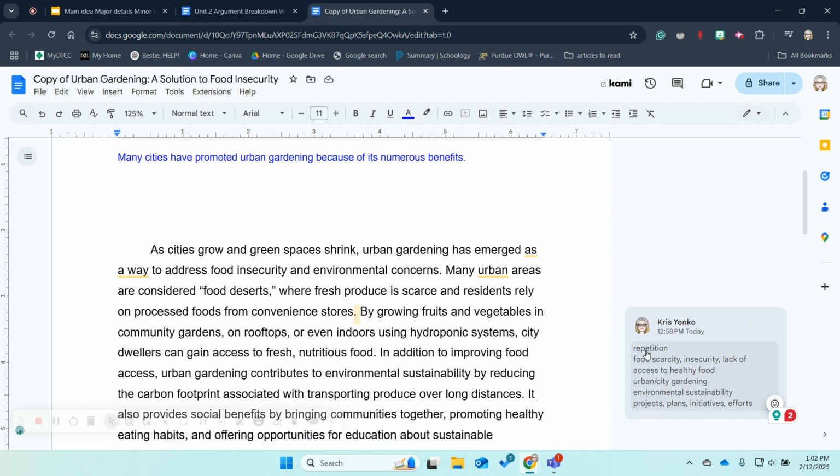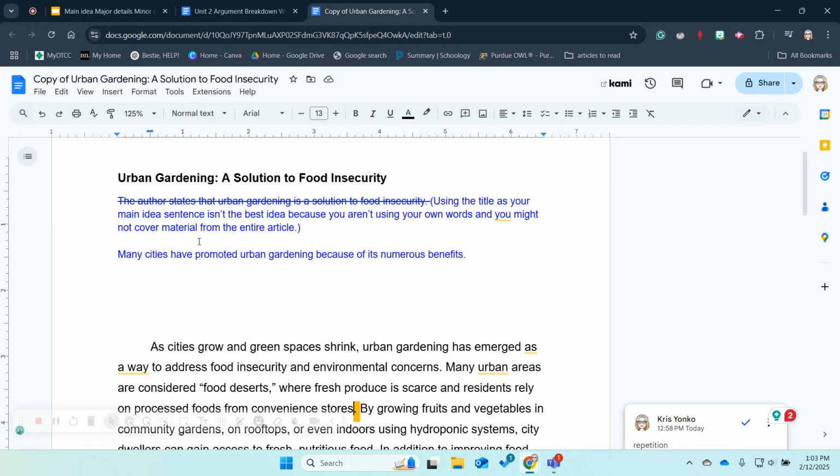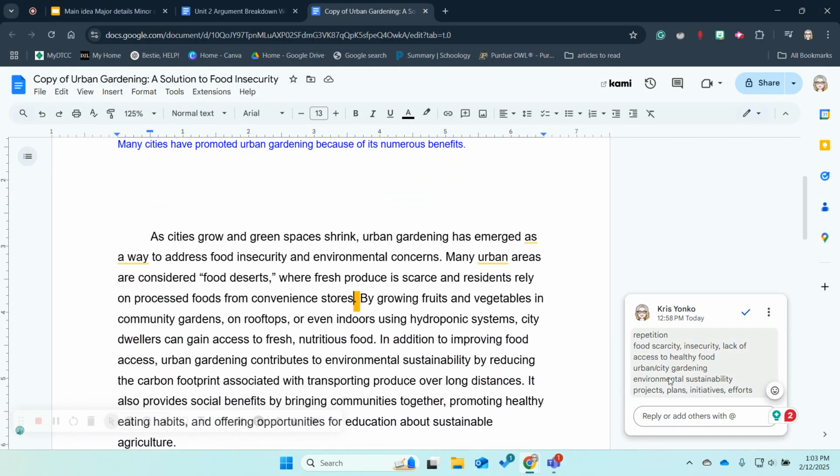So this repetition that we noticed will probably also help us with our major details, because if there are ideas that were repeated but didn't end up in our main idea sentence, they're probably going to be major details.